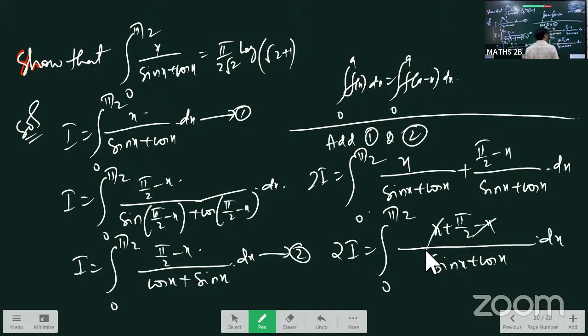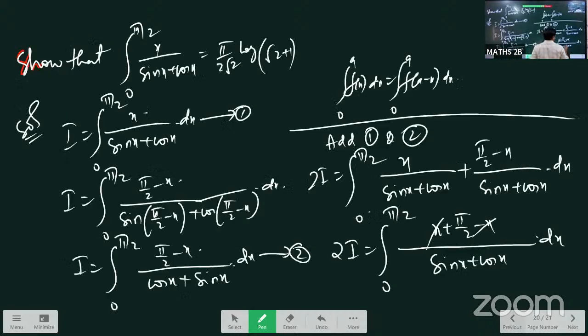Now x gets cancelled. Now 2I is equal to the integral from 0 to pi by 2. What we did in the last board, this pi by 2 I will write outside.